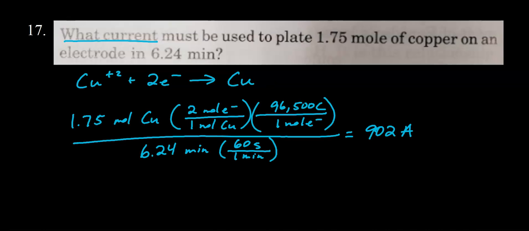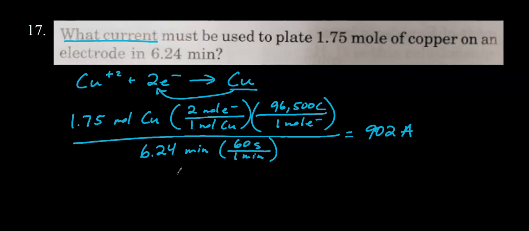Alrighty, so here's our setup. I did it all in one shot, but if you want to break it up into steps, find the charge first, and then take that and divide it by the time in seconds as a second step. That's fine. So I took the moles of copper, so we're starting here, and I need that to find how many moles of electrons are gained during the reduction process.